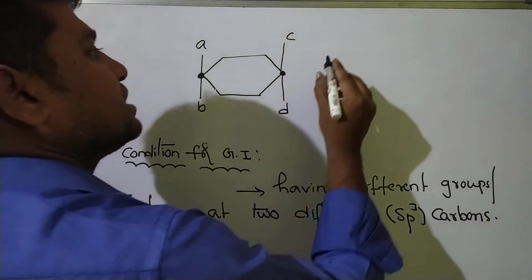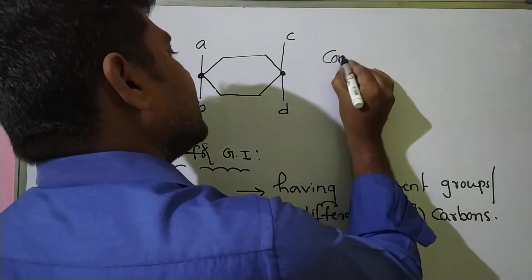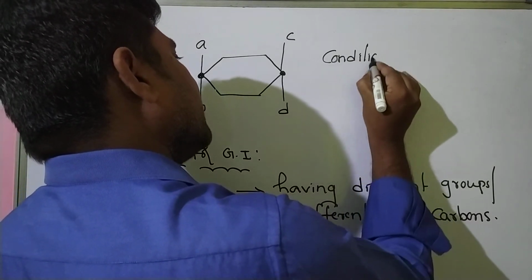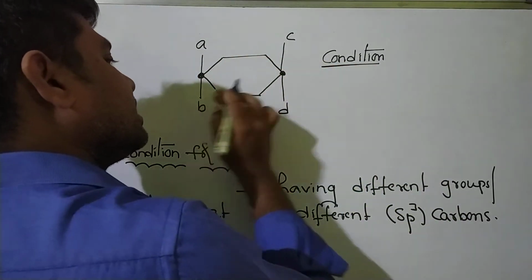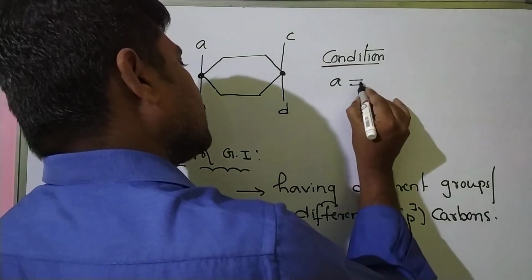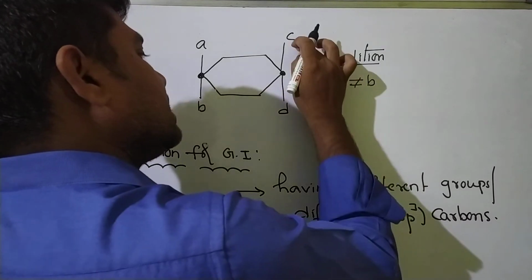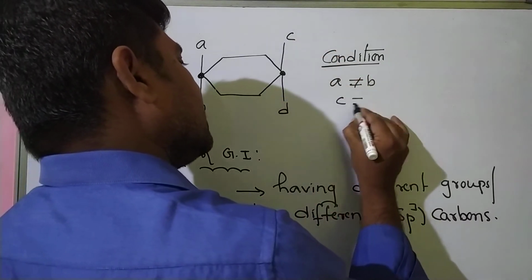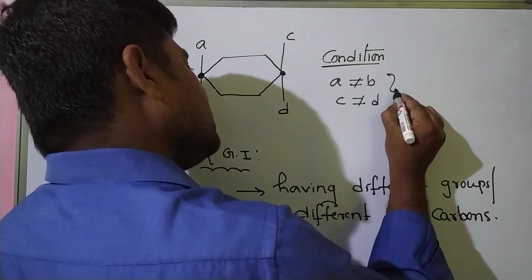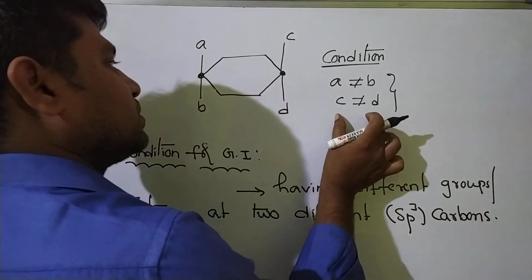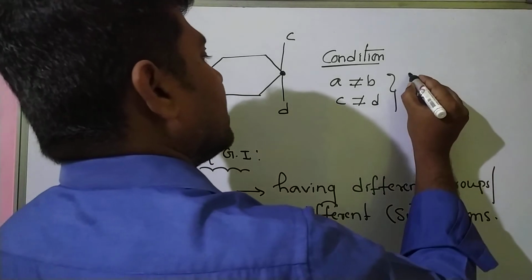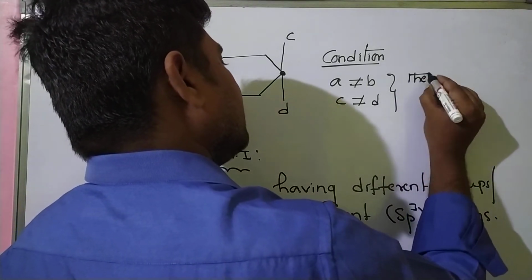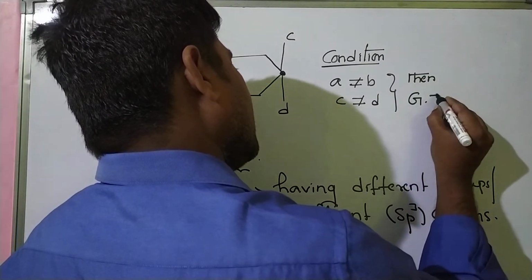Here the main condition is A not equal to B and also C not equal to D. If these two conditions are fulfilled by the given cycloalkane, definitely it will show geometrical isomerism.